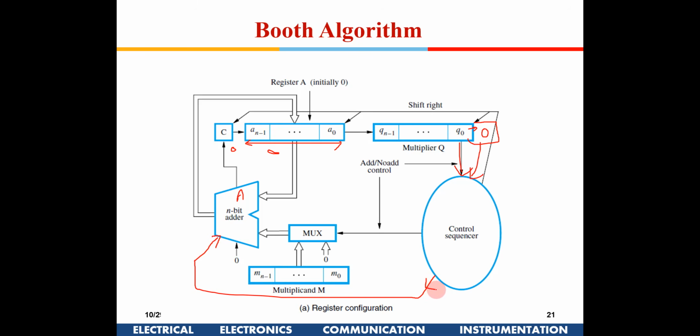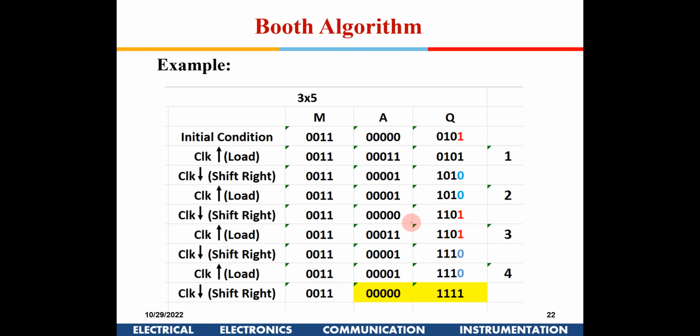And what is to be added or subtracted is going to come either from here or 0. For 1 1 and 0 0, 0 will be added or subtracted. So that input also has to come from here. So 2 bits of information will come into the control sequencer, which will generate 2 control signals. One to select the mux and the second to tell the adder whether to subtract or to add. Right. Okay. Thank you.